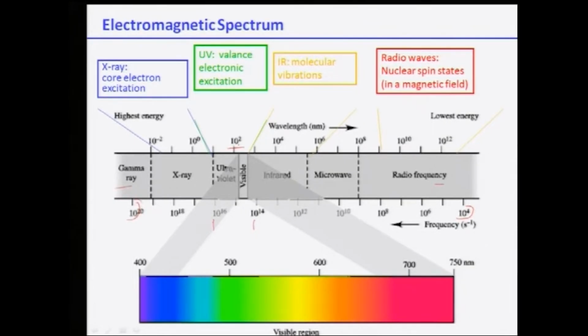Obviously, whatever is absorbed will not be seen, and those wavelengths will not come to our eyes. Whatever is not absorbed by that colored substance will come back to the eyes. So we say complementary colors.